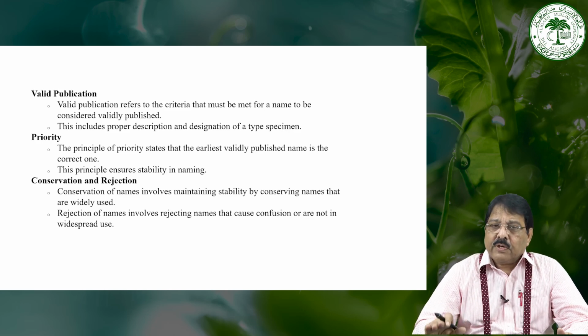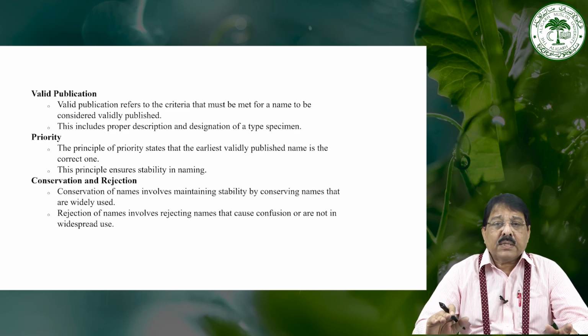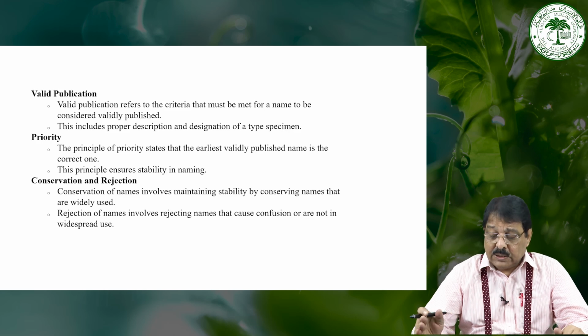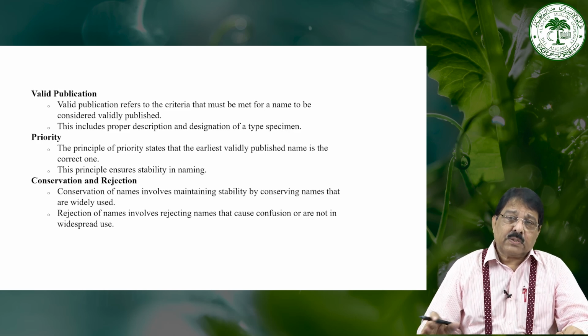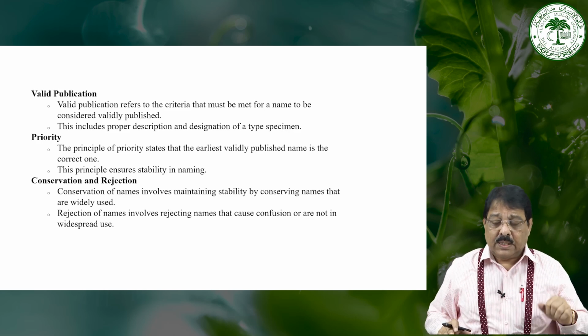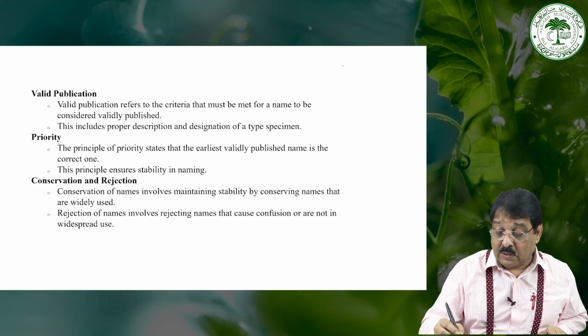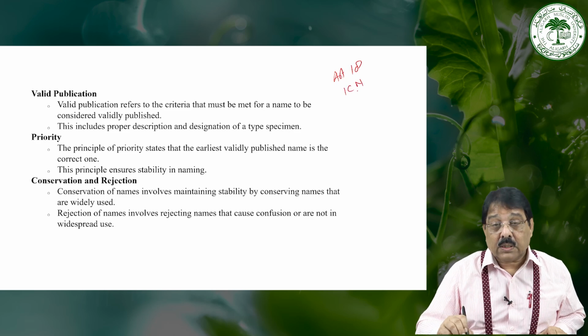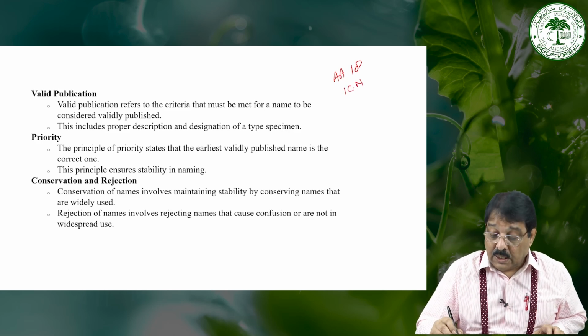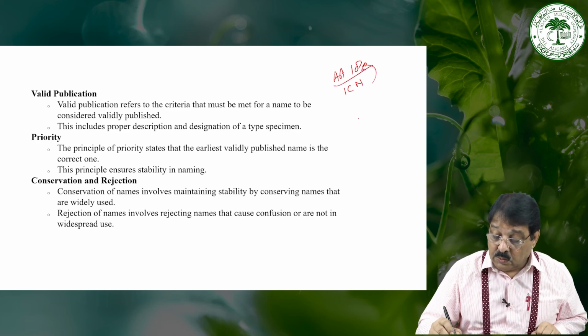For example, there is a name which is invalidly published but is accepted by the code. In our previous lecture, I said there are 8 families which have alternate names, because Article 18 of the ICN, International Code of Nomenclature, has given special permission to those 8 families.